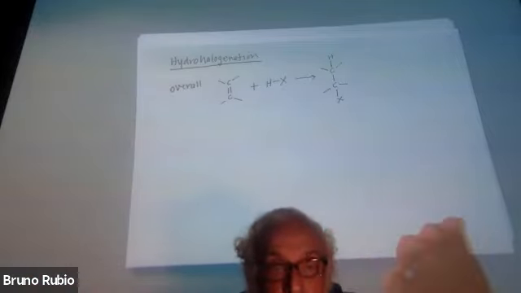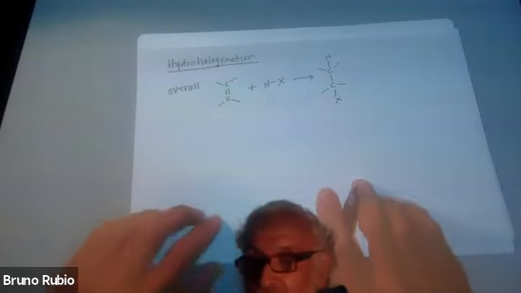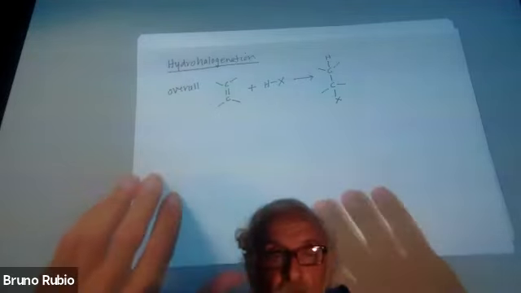Okay, so before we talk about the mechanism of this reaction, let's talk about thermodynamics. Are these reactions favorable, and how do we know? Well, we can do a simple-minded bond energy calculation, just like we did with the radicals.